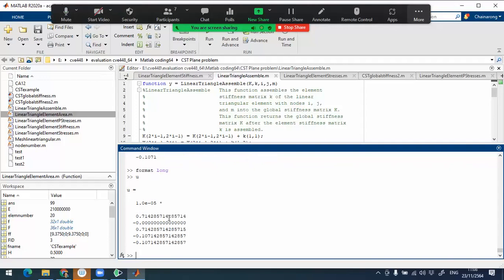So then you see what happened. This is the exact solution, right? That means that if we just apply the correct boundary condition, we can obtain the solution corresponding to the exact one that we would like to predict.